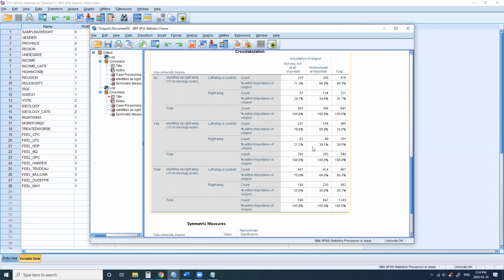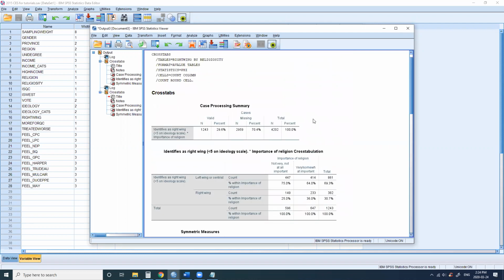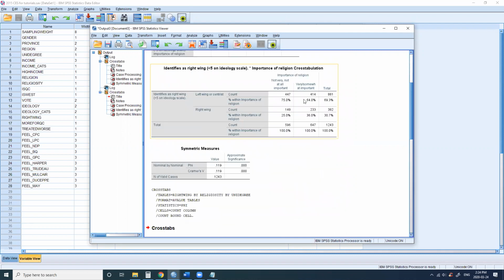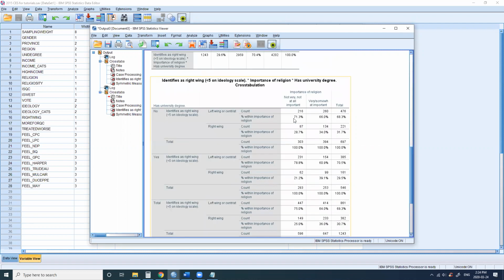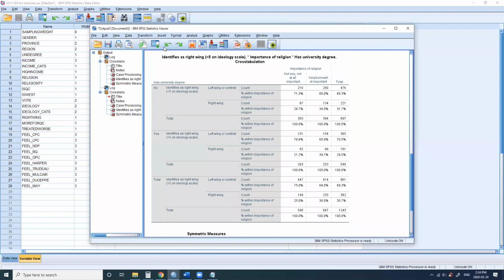So we see a similar situation to what we saw in the previous examples, where the gap starts out at 11 points, but once we control for the effect of education, amongst those with no university degree, the gap shrinks to 5.3 percentage points.